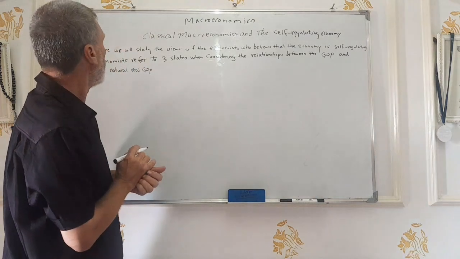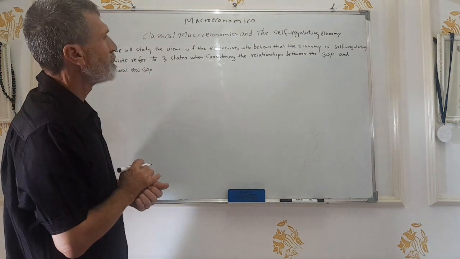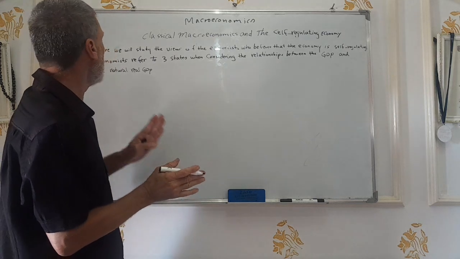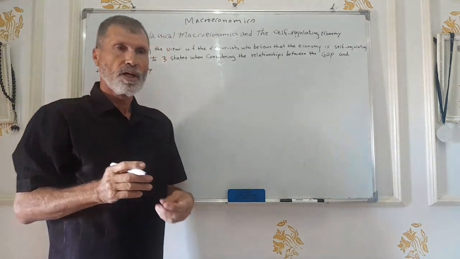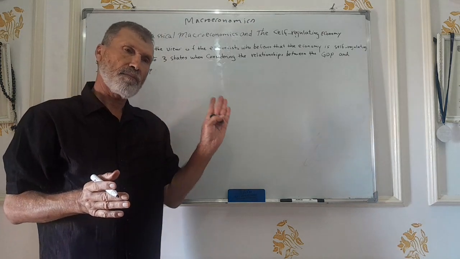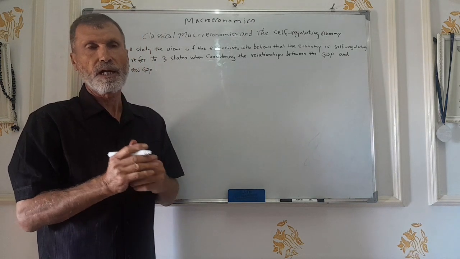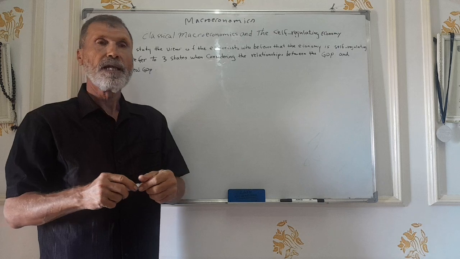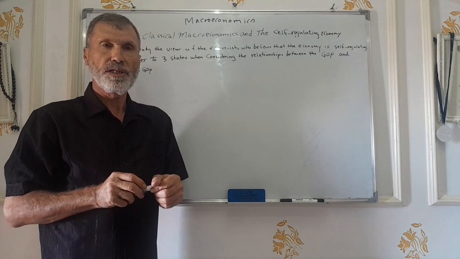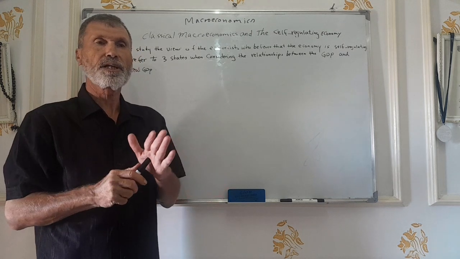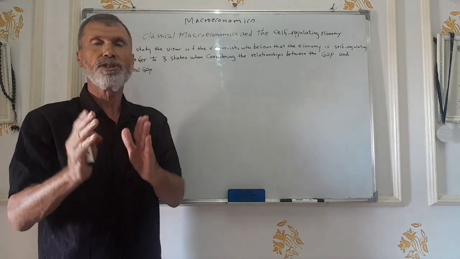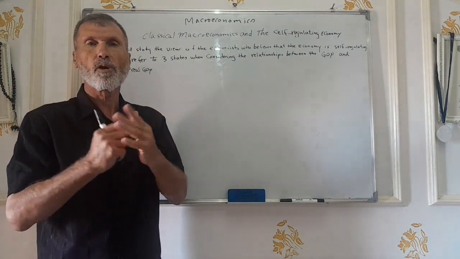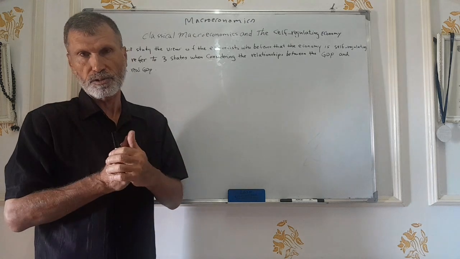So economists refer to three states when considering the relationship between GDP and the natural GDP. Remember, in the chapter about aggregate demand and aggregate supply, we said that the level of real GDP that the economy produces in the long run is called the natural real GDP, or the full employment output, or the potential output.